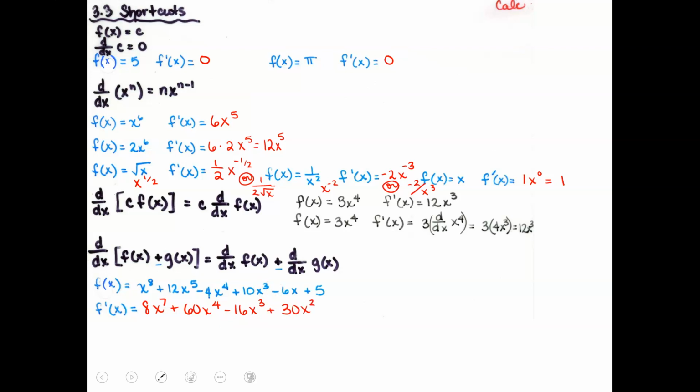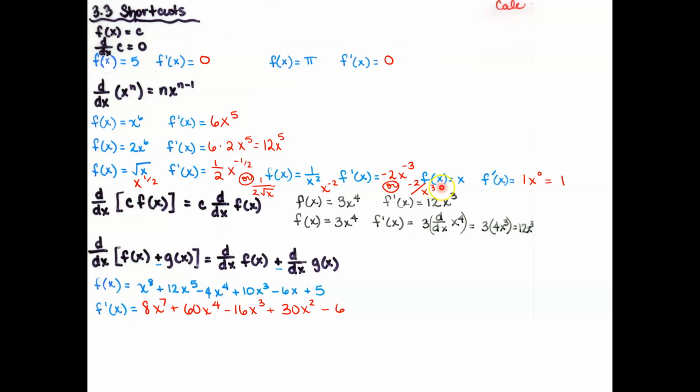All right, so then what's the derivative of 10x cubed? 30x squared. What's the derivative of negative 6x? Remember that that is 6x to the first, so 1 times 6 would be 6x to the 0, or just 6. Another way to think about that is to use this coefficient rule that says, hey, you can just take the derivative of your function and then multiply by the coefficient.